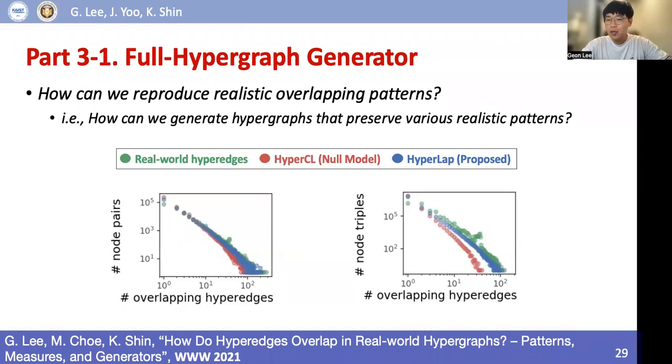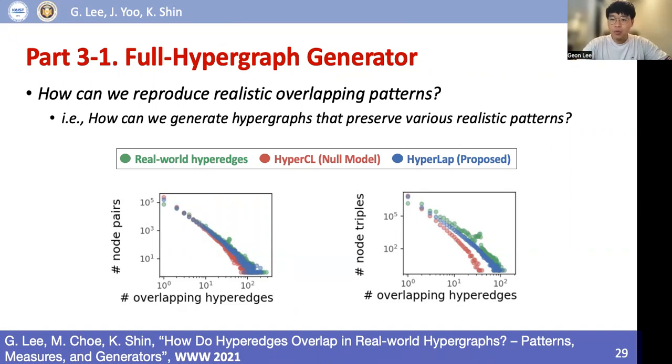In other words, how can we generate hypergraphs that preserve various structural properties that are covered in part 1 and 2? For example, preserving the degree distribution can be one of our basic goals. HyperCL is a null model that generates hypergraphs that preserve the degree distribution. However, it fails to reproduce realistic hyperedge overlapping patterns as shown in the figures.